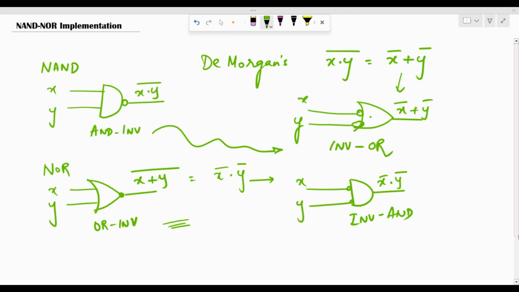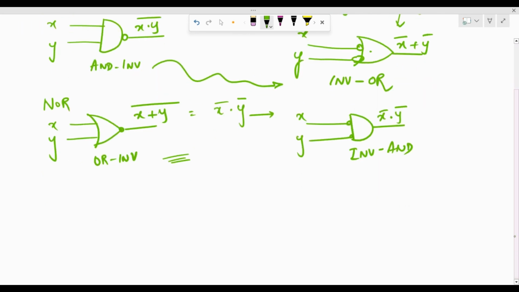Lastly, let's look at the concept of inverter, an inverter in terms of the NAND and the NOR. When we have a NAND gate and we have both the inputs the same, what happens? Let's look at the truth table of the NAND gate.